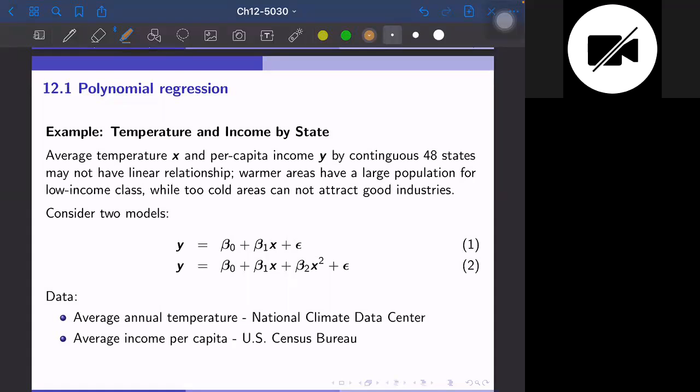So possibly we have more poor people, which makes the income lower. And in colder areas, obviously, they have trouble attracting industries. So we think about two models. Y is equal to beta naught plus beta 1 x plus epsilon, and the alternative, y is equal to the same terms plus the quadratic term.